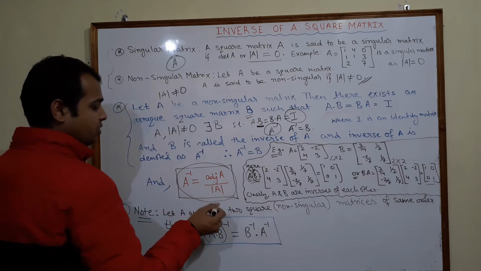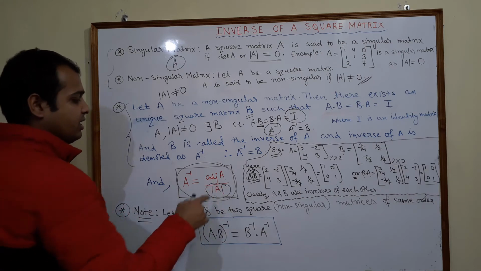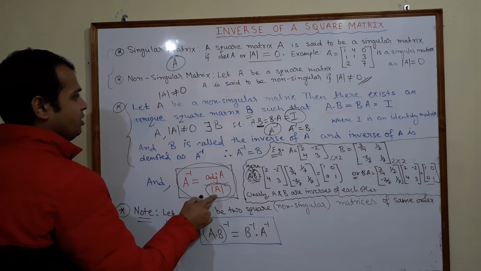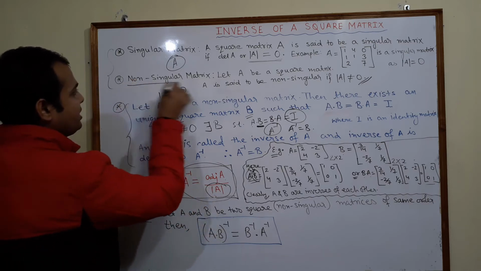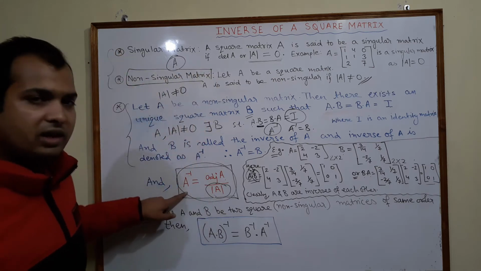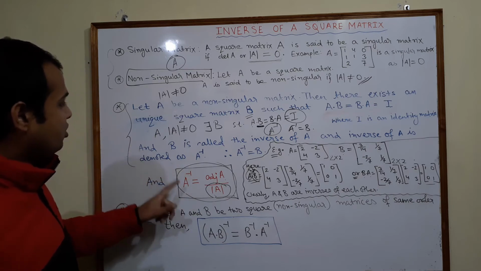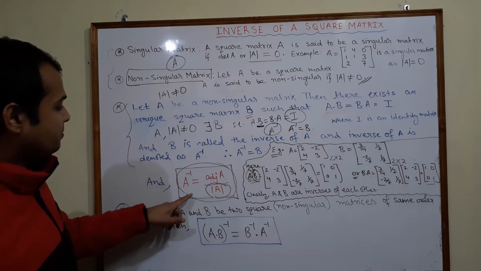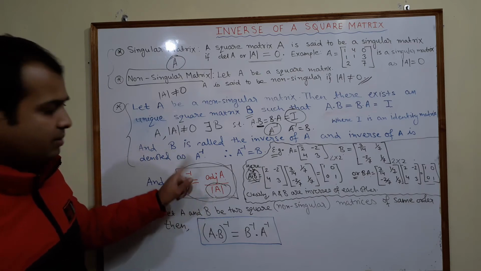Since the determinant is in the denominator, the inverse of only a non-singular matrix exists. For a singular matrix we cannot have an inverse. The reason is that in the formula for the inverse matrix, we have the determinant of that matrix in the denominator.